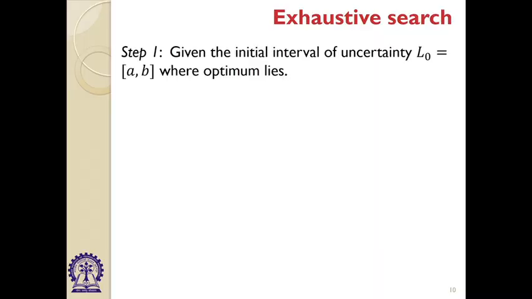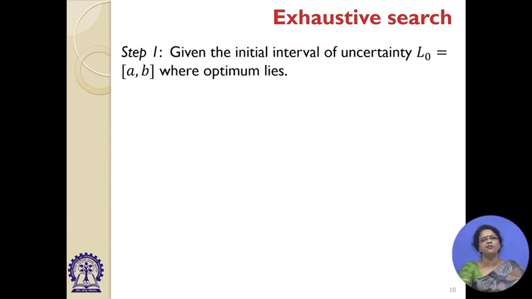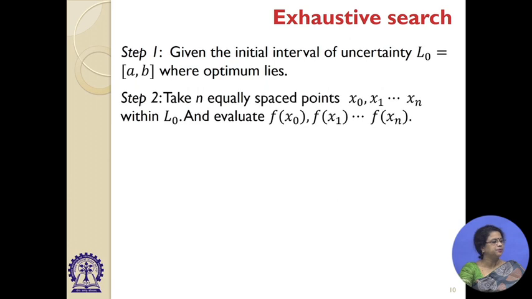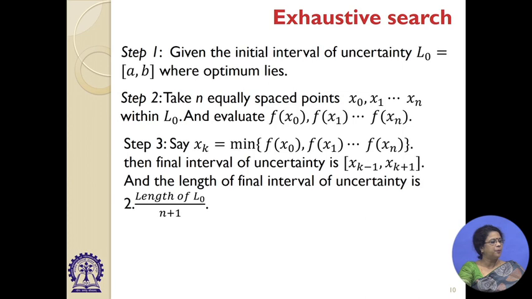Formally, let me introduce the process. Here the initial interval of uncertainty L naught is given from A to B, where the optimum may lie. Then we take n equally spaced points, x naught to x n, in between. What would be each step length, rather the interval size?